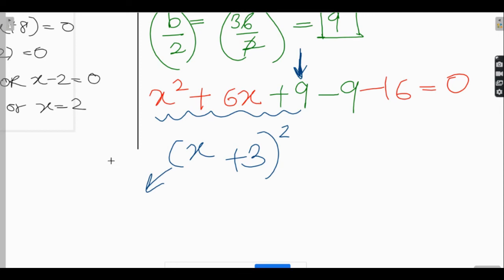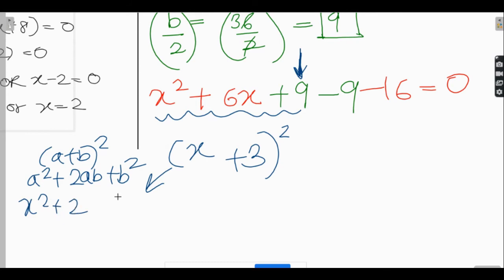Do you know the formula of a plus b the whole square? It is a square plus 2ab plus b square. So I'm going to write it the same way. This is just rough work to show how this is equal to this. Here your a is x, b is 3. So x square plus 2 into 3, 6x, plus 9.